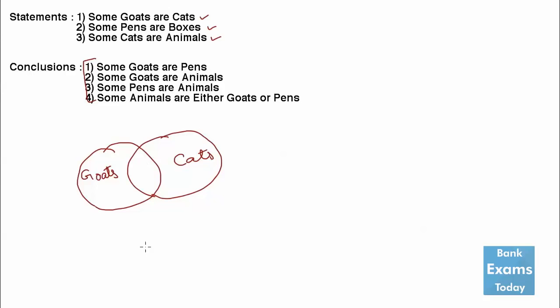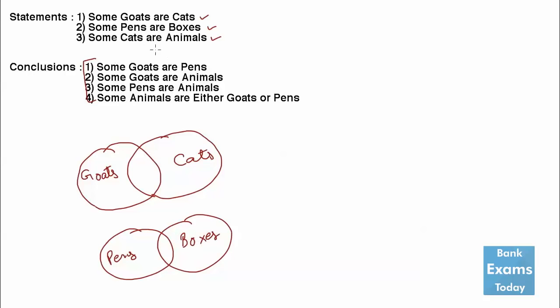And some pens are boxes. Then some pens are boxes. Some cats are animals. So there is a possibility that some cats are animals. Now we will draw all the possibilities for the animals.